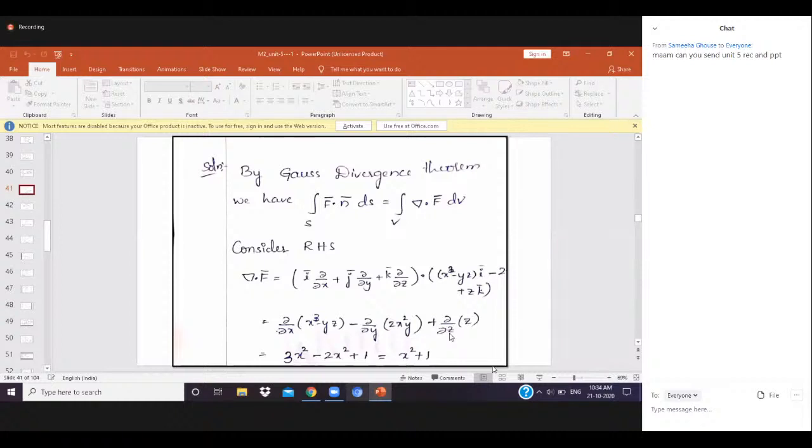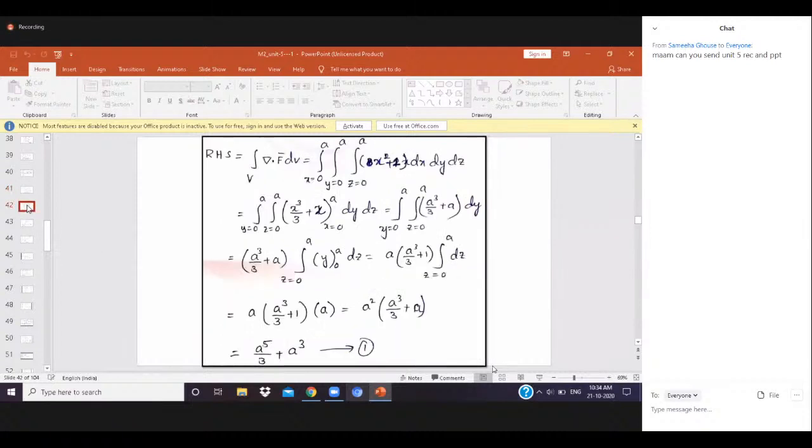With respect to partial differentiation, the expression becomes x square plus 1. This is the divergence of f bar. Then with the divergence of f bar, we need to evaluate integral v del dot f bar dv.